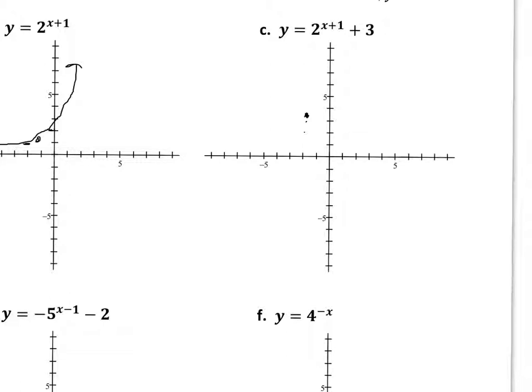From 0, 1, we go left 1 and up 3, so that's -1 and 4. And then 1 and 2, we go left 1 and up 3, and that puts us at 5. And where's our asymptote? At y equals 3.